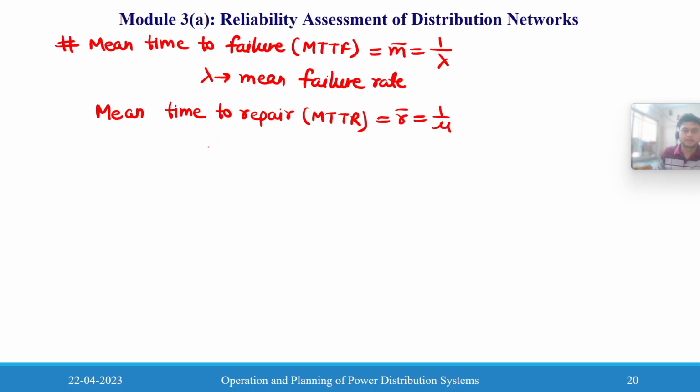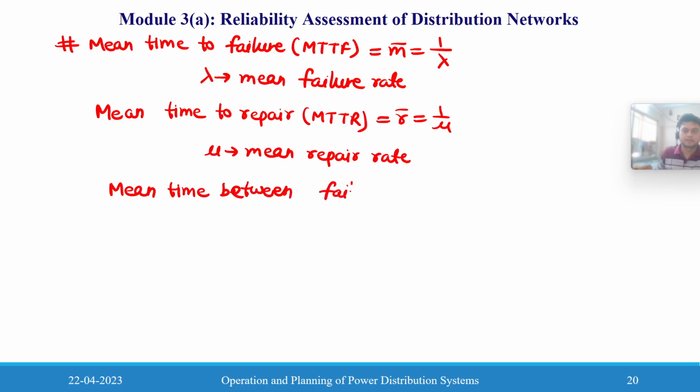So mu is mean repair rate. And mean time between failures, MTBF, will be T bar is equal to m bar plus r bar.